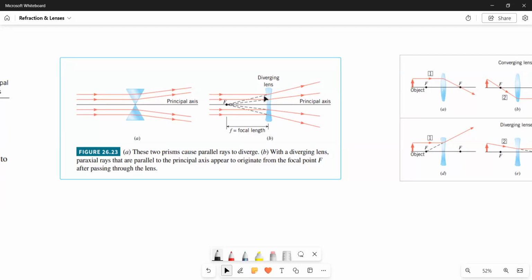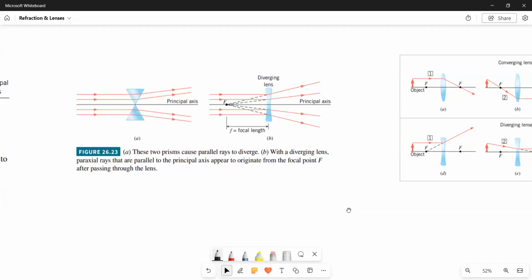So if you have a set of rays incident on a diverging lens, instead of the light converging at a point, it diverges. Of course, to get the focal point, notice how they project these lines back to get the focal point here.